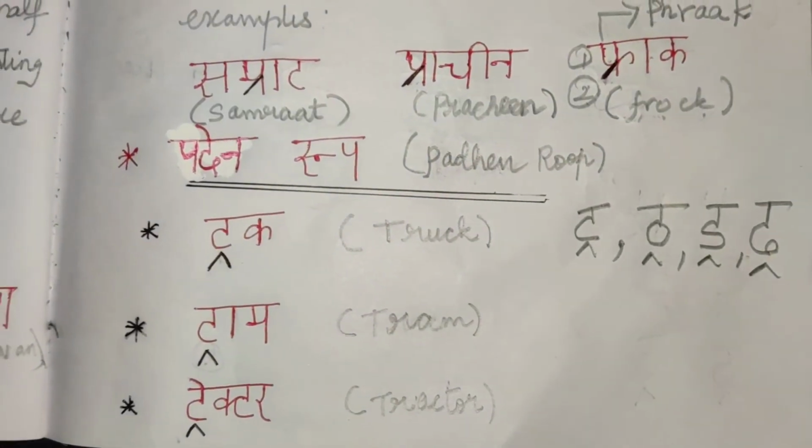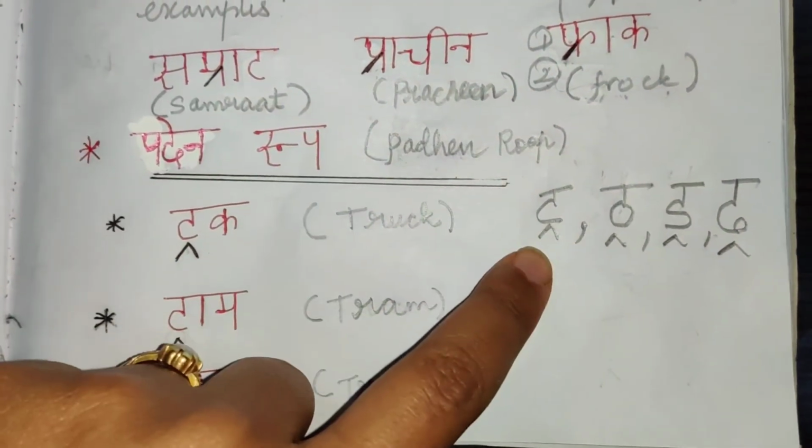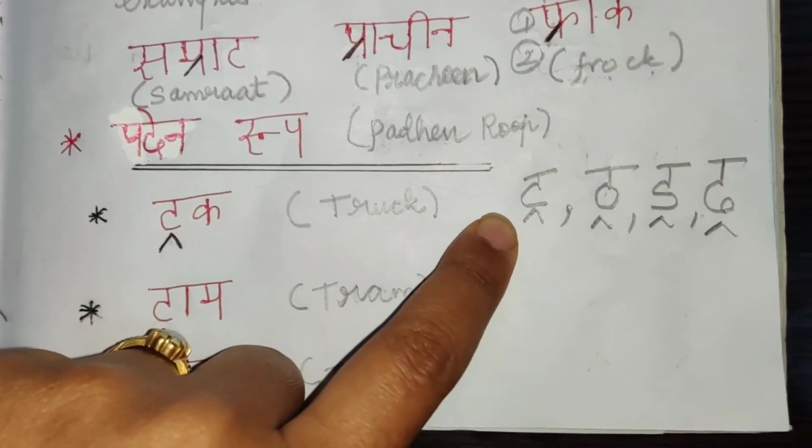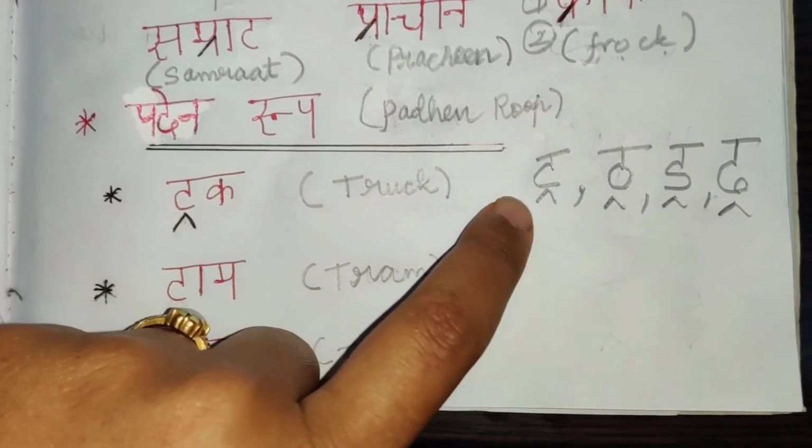So whenever you see a Vyanjan letter like this, you have to sound that letter in a similar manner to the slanting line, but it will be like an inverted greater symbol.